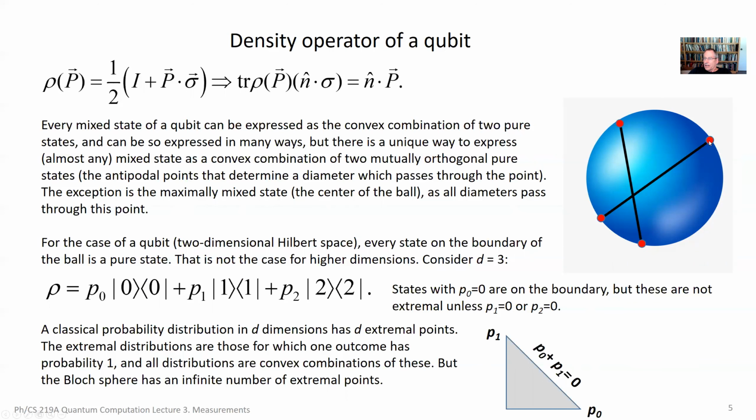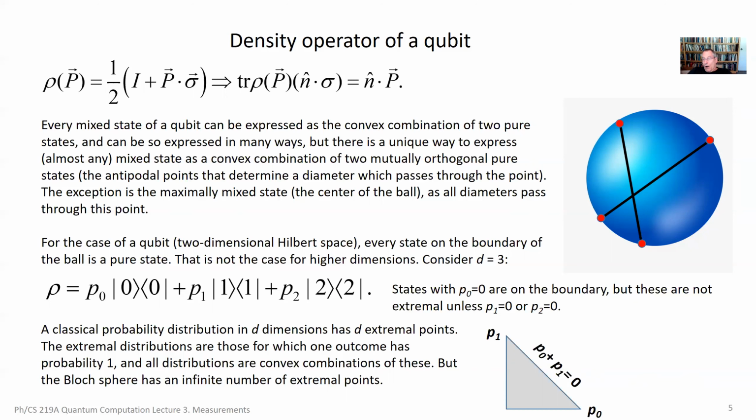That is, if I consider a line which goes through the center of the sphere, a diameter of the sphere, then the 2 points on the boundary that line intersects are pure states that are mutually orthogonal. Those correspond to, if we were to measure the spin along the axis picked out by that diameter, the 2 endpoints are the states which always are spin up or always are spin down when we measure along that direction, and those are mutually orthogonal. And we discussed that when we described the pure states of a qubit in the previous lecture.